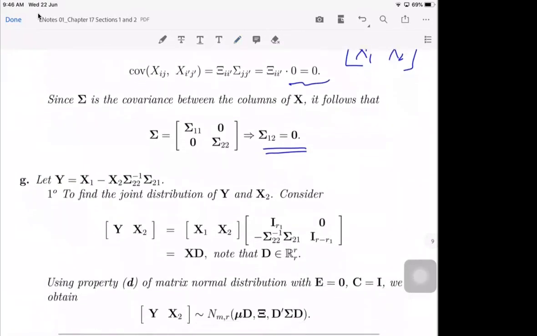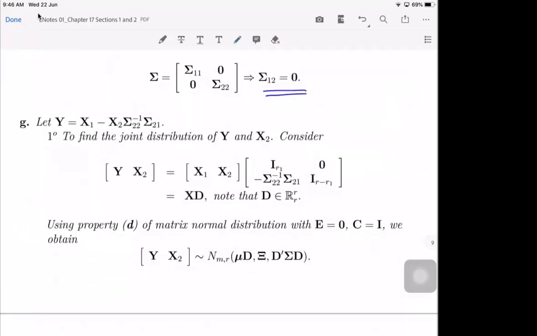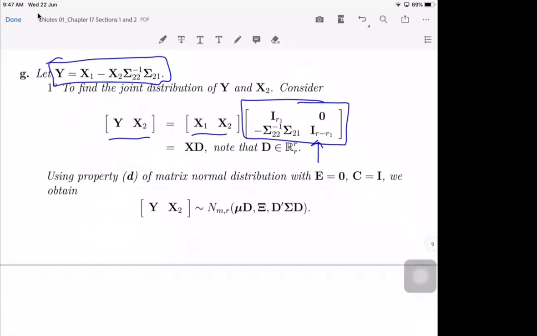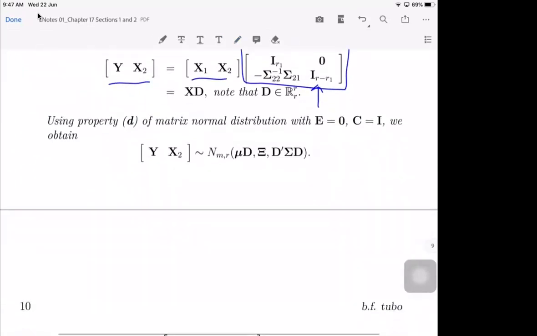Okay. Next. This time, to prove this is by construction. So this proof is similar to what we have done in the univariate case. So ato tong define, multiply by this matrix here. So I will not discuss so much on this because you are familiar.